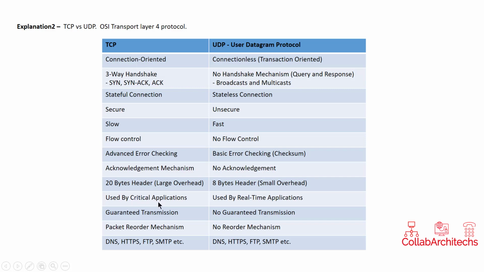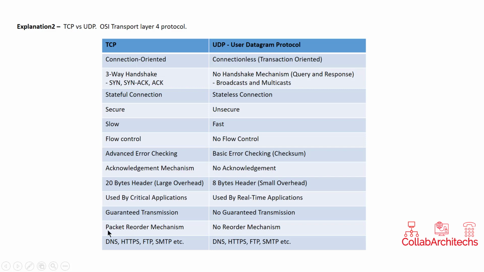TCP is used by critical applications where the acknowledgement is necessary, and UDP is used by real-time applications where time matters. TCP guarantees the transmission. In UDP, there is no guarantee of the transmission.